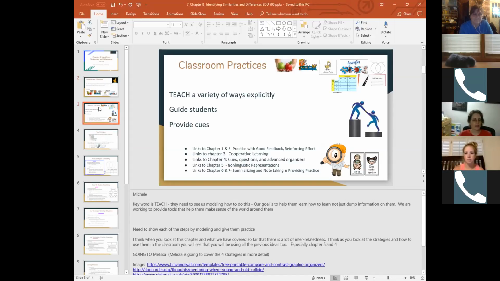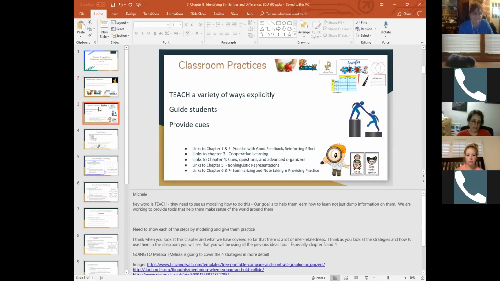We're going to have to model it and show explicitly how to do things in a variety of ways, because our goal is to help them learn how to learn. That's really a teacher's job, to help kids learn how to learn, not just dump information on them. So we're looking at providing those tools to help them categorize and organize information and be able to retrieve it better.